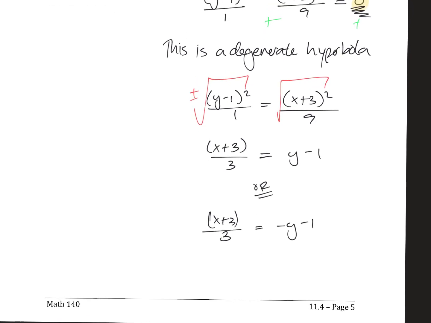Now, what would these each be? Kind of running out of room here, but we would get, if I continued to solve this, y equals x over 3 plus 2. And from this one, I would get y equals negative 1 over 3 x. These are equations of two lines.